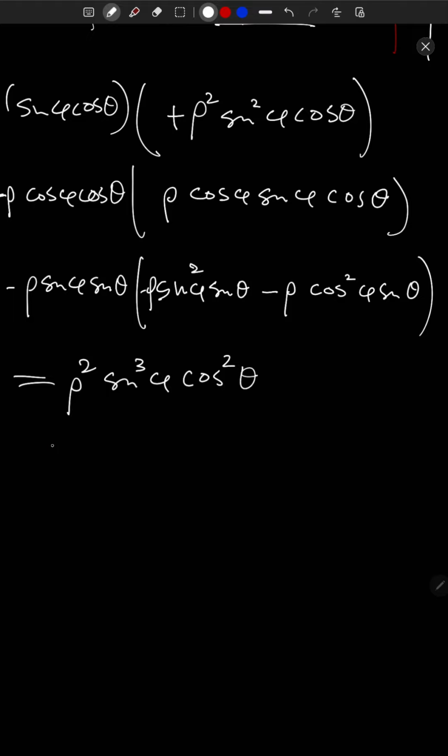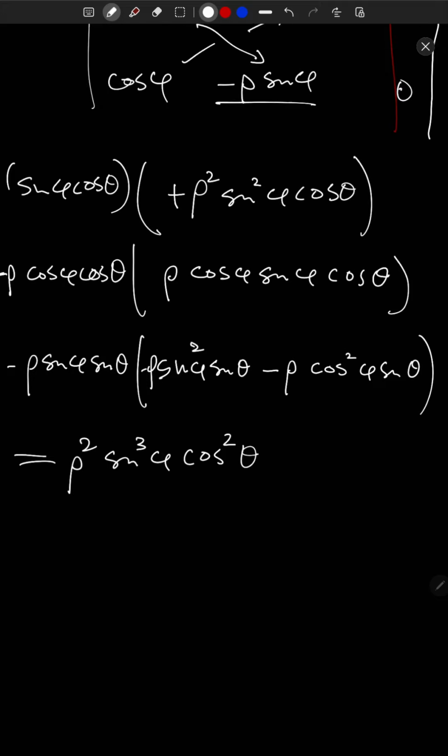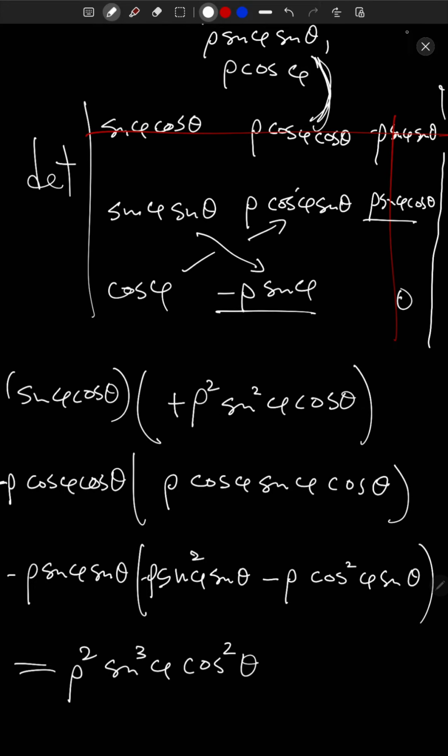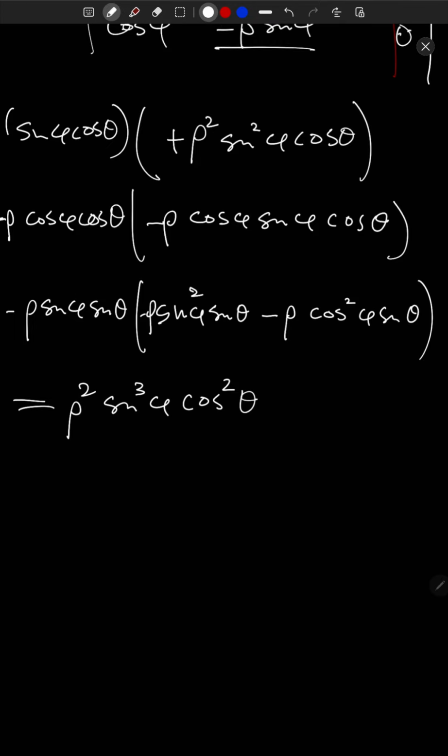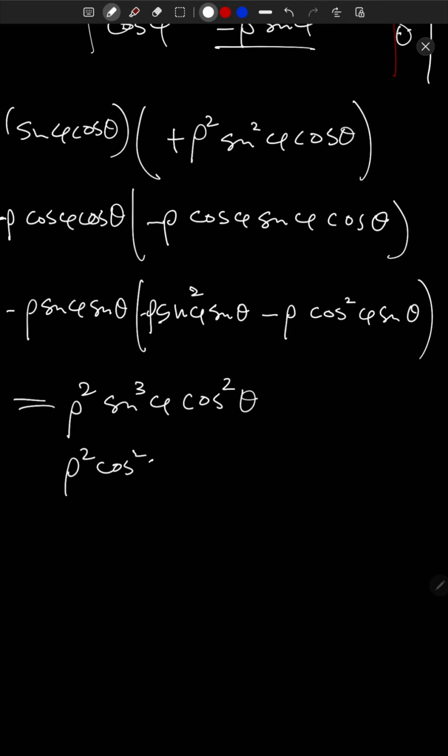Next one's going to be, did I screw up the sign again? Let me take a quick look up here. Yep, I did. That times that minus that times that, right? So I should have had a minus sign here. I have minus, minus, they cancel. So I get rho squared cos squared phi sine phi cos squared theta.